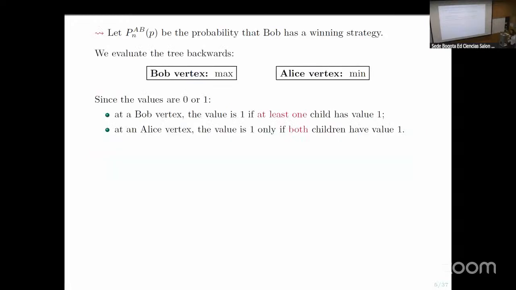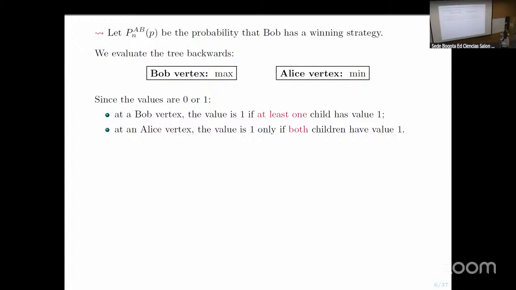For this game, although it seems difficult, we can actually deduce a recursive equation, because this is a binary tree and you have a lot of independence. Remember that Bob maximizes and Alice minimizes. At a Bob vertex, the value is 1 if at least one of the two children is 1. In an Alice vertex, the value is 1 only if both children are equal to 1, because she minimizes.